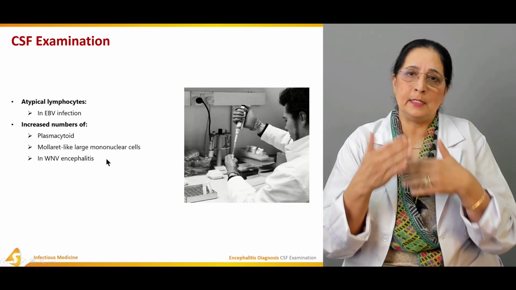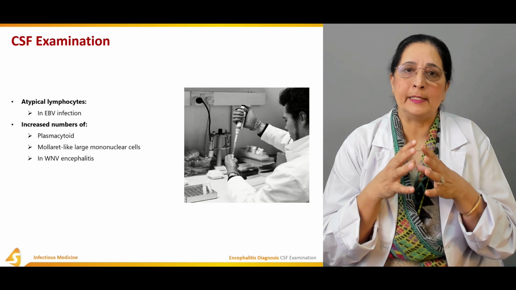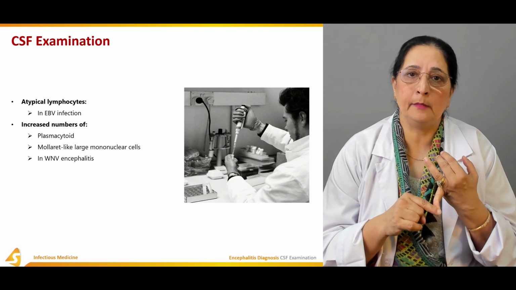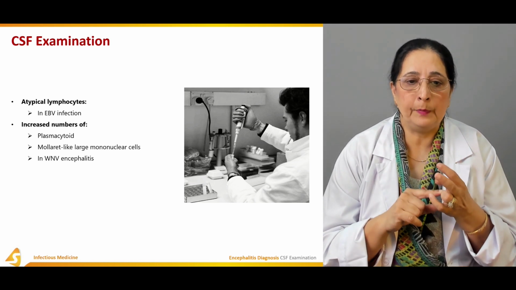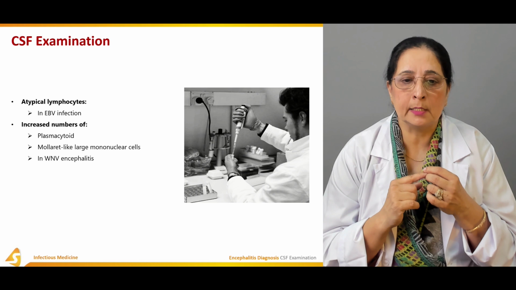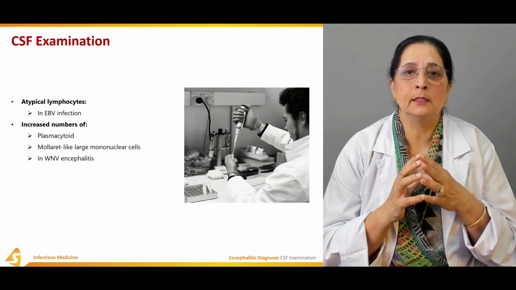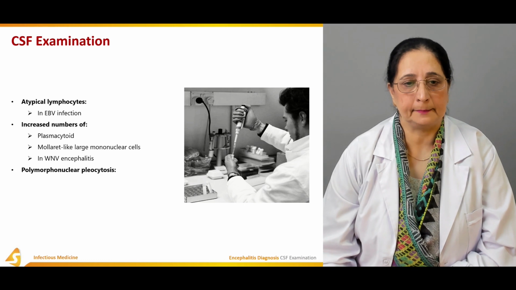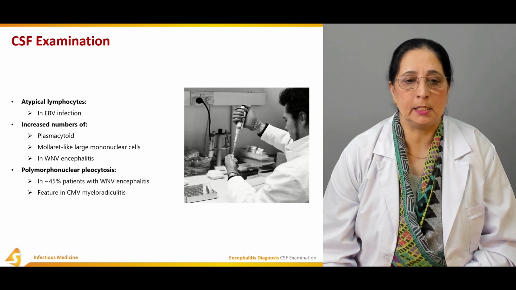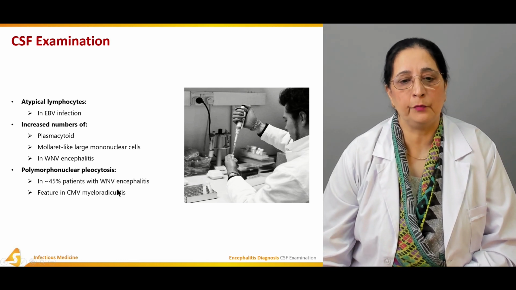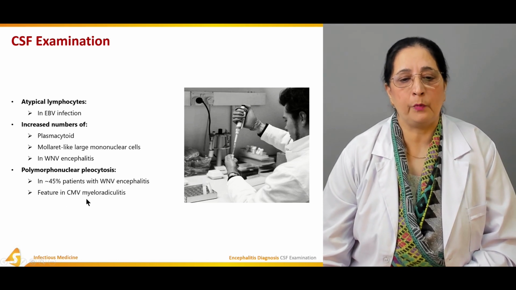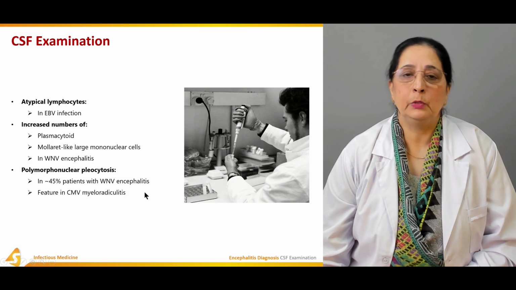So one by one, these are different features that are specific to certain viral infections. Polymorphonuclear pleocytosis is in 45% of patients with West Nile encephalitis, and a feature in cytomegalovirus myeloradiculitis.